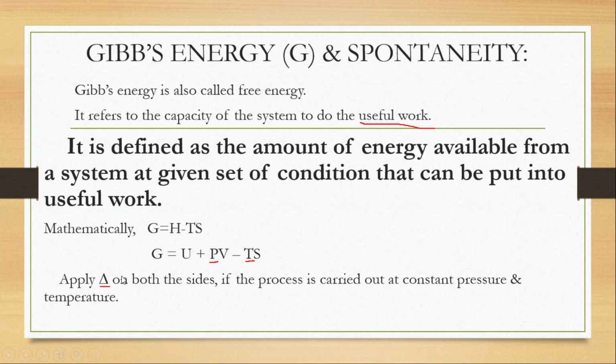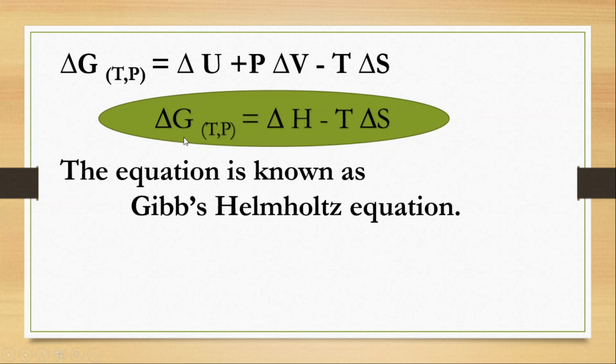So you can observe, delta G equals delta U plus P delta V minus T delta S. Now delta U plus P delta V can be written as delta H. Earlier we couldn't write that, but because P is constant, with P delta V we can write it as delta H. Clear?